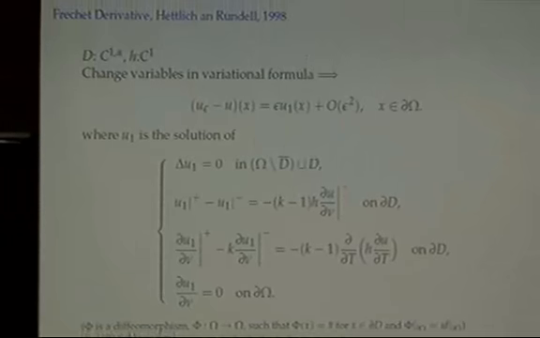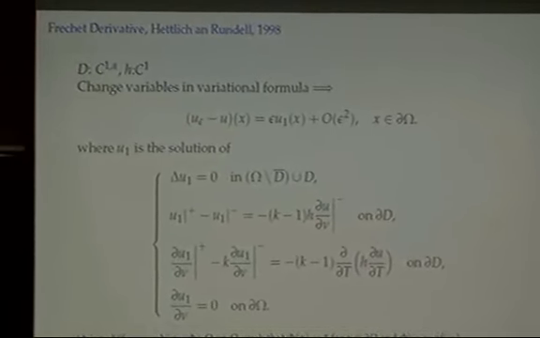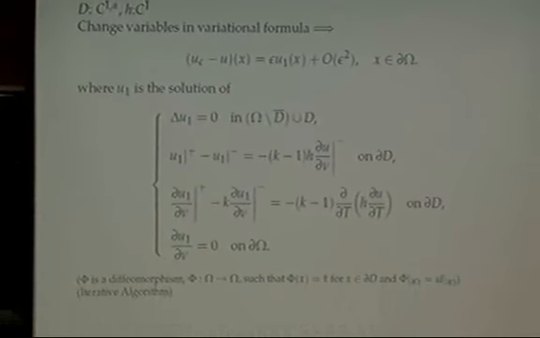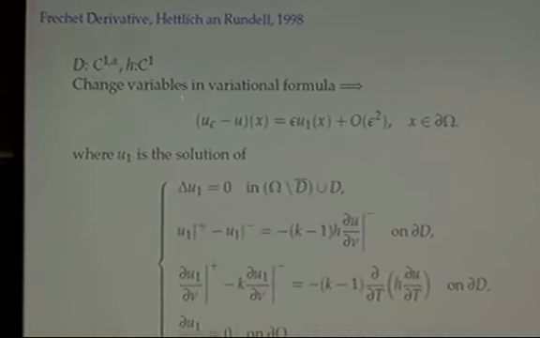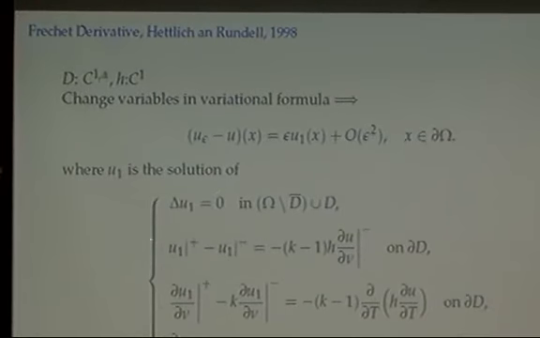There is some related work about this. Hettlich and Rundell proved the same formula, but in this case they used the variational formula and changed the variable. But the result is the same.